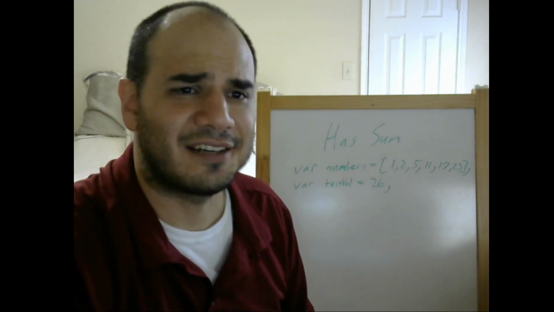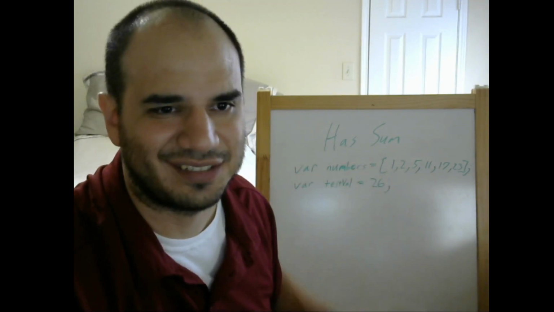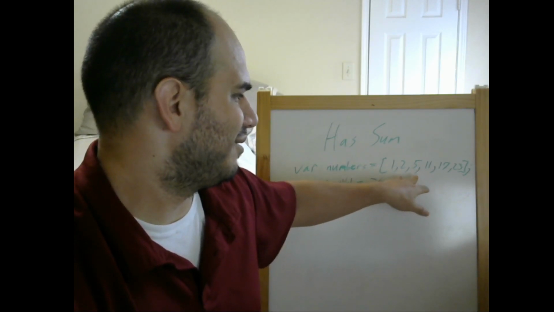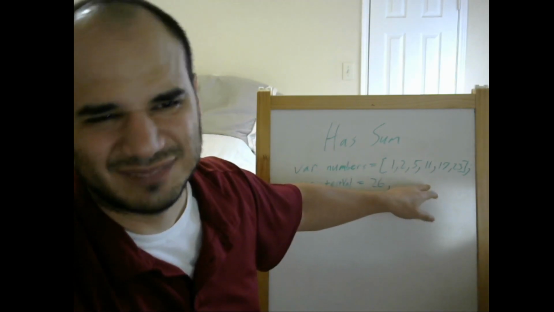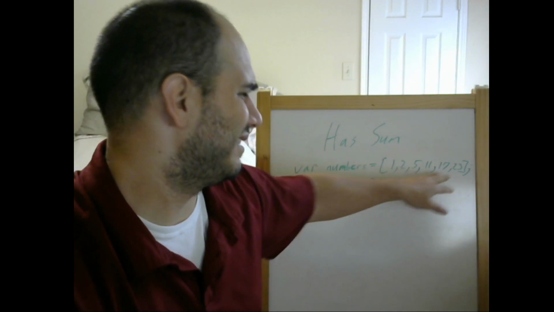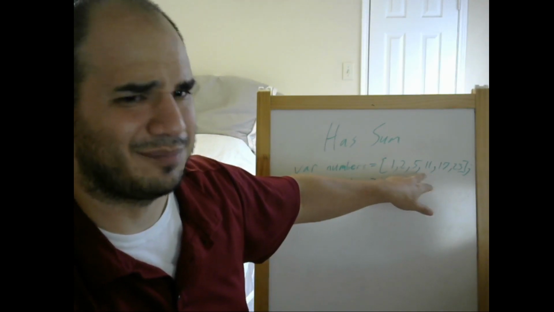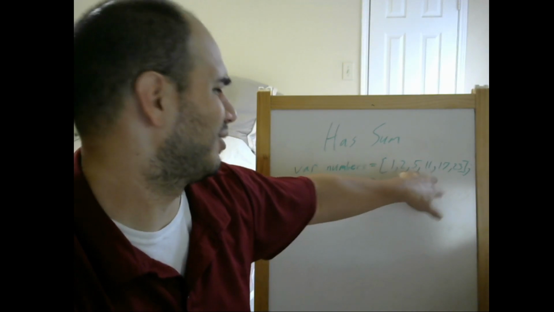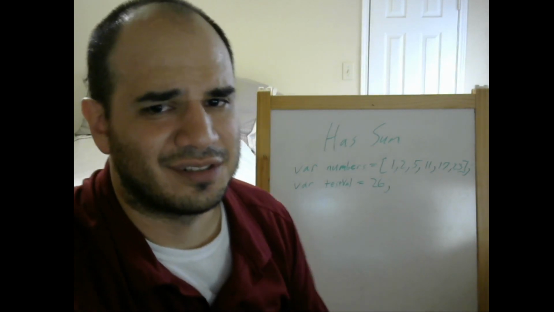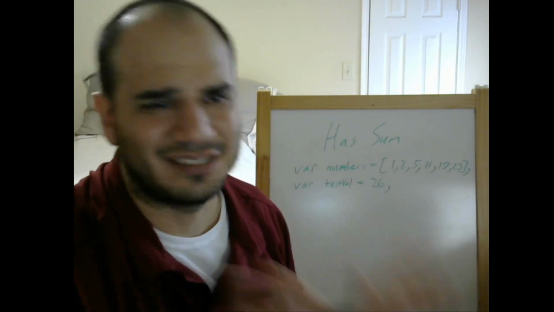In your mind you can understand, I want to see whether or not it's there. 11 plus 5 is 16, which isn't big enough. 11 plus 17 is 28, which is too large. 17 plus 5 is 22, 17 plus 2 is 19, that's too small. 23 plus 1 is 24, so 23 is too small. 23 plus 2 is 25, and anything else larger than that just won't work.